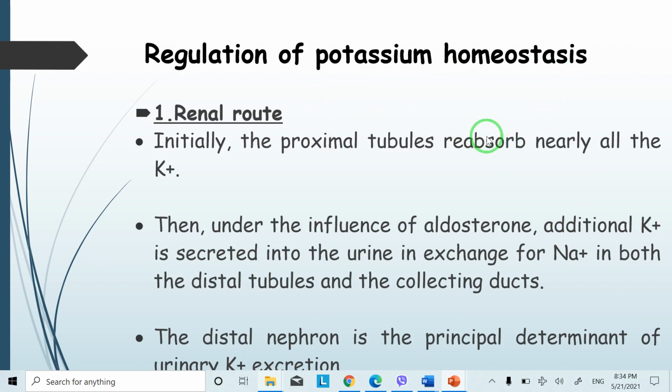The glomerular filtrate contains a large quantity of potassium, and nearly all of the filtered potassium will be reabsorbed by the proximal tubule.